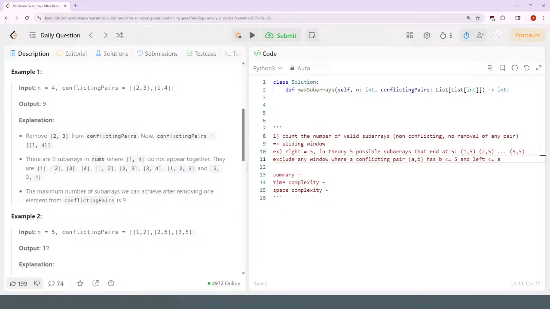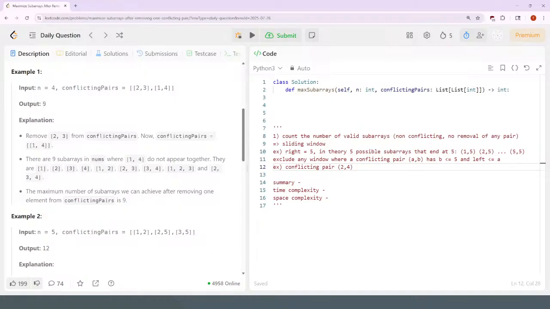And so, example here is if a conflicting pair is 2, 4, then if you stretch it all the way to 5, 5 can do 5, 5, 4, 5, 3, 5. You can't do 2, 5, you can't do 1, 5 because those would have 2, 4 within it.